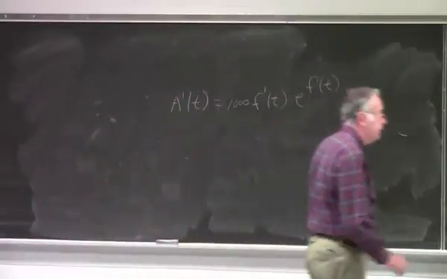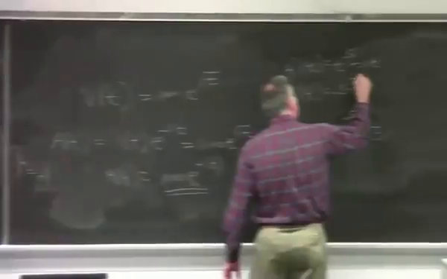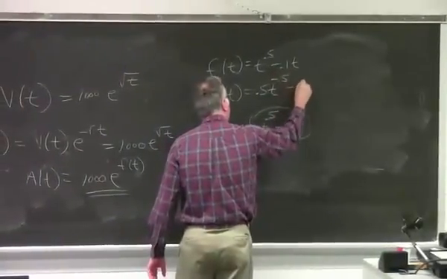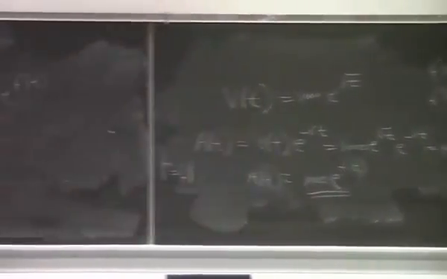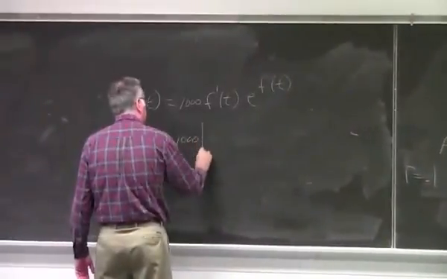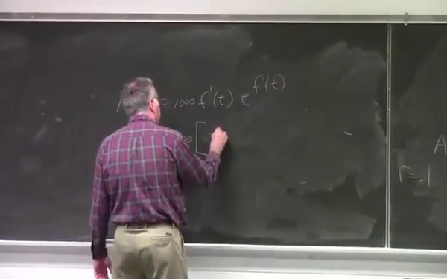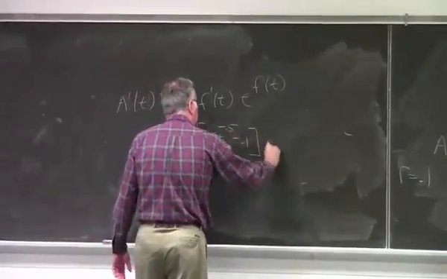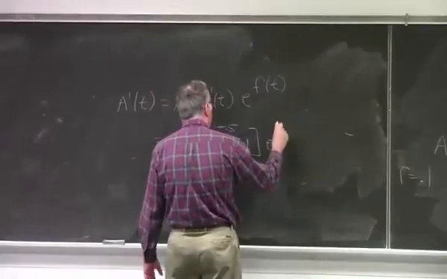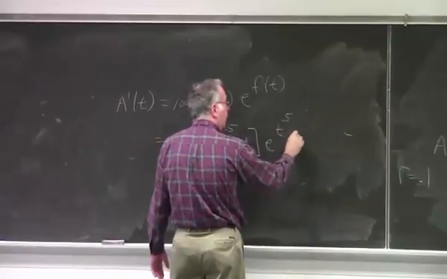So f prime of t, its derivative, is just this, 0.5 t to the minus 0.5 minus 0.1. So that's what we substitute in here for f prime of t, times e to the f of t, and f of t is just t to the 0.5 minus 0.1 t.